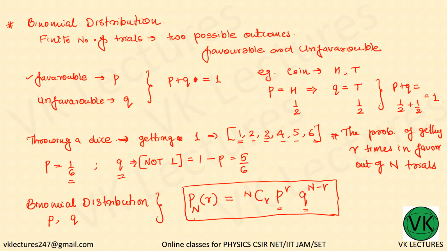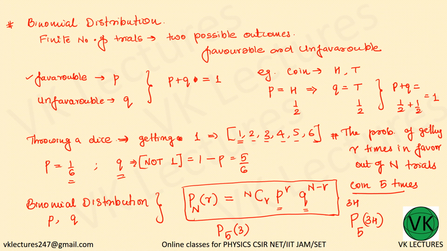A good example is tossing a coin 5 times and wanting to get 3 heads. So I will write the probability of getting 3 heads out of 5 trials, P5 of 3.